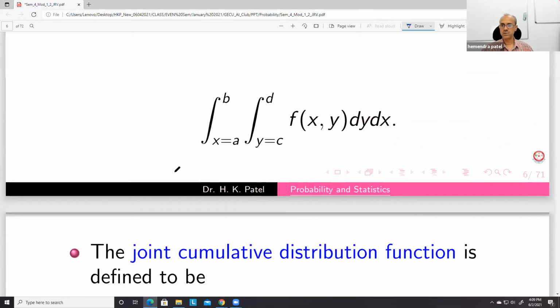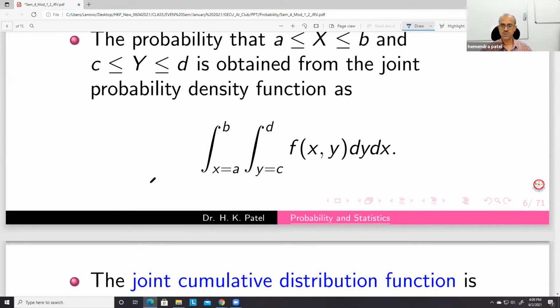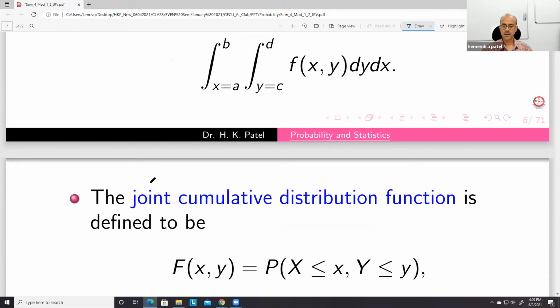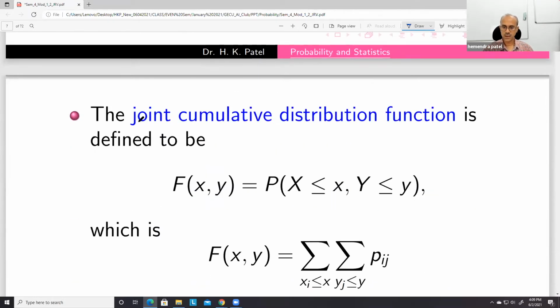And then the cumulative distribution. So this is the meaning of f(x,y). In case of discrete, if you see this figure, remember that capital F means cumulative distribution function and small f means probability density function.